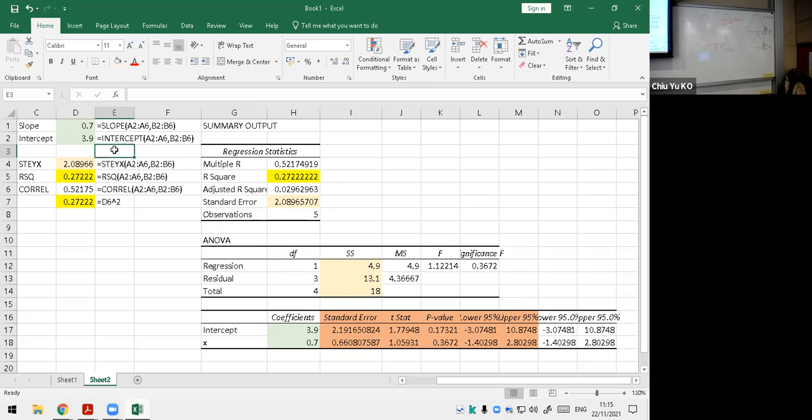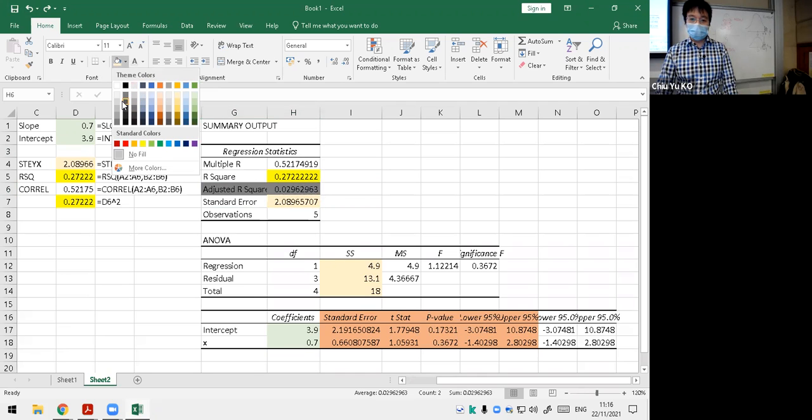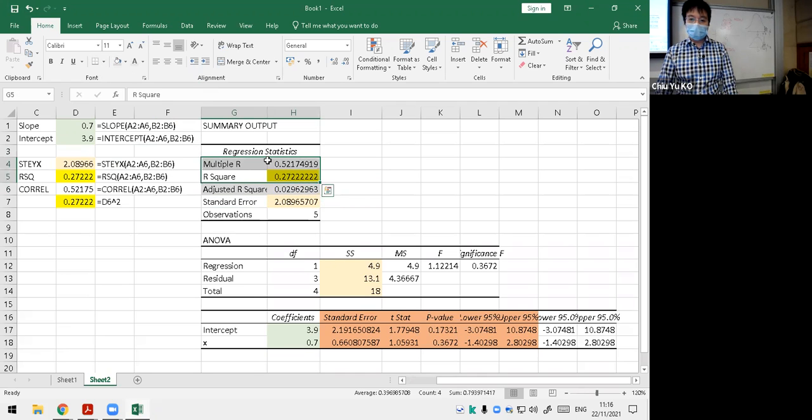So this over this gives you this, and this over this gives you this one. And use the F test to give you this one. So you should be able to do everything if you understand, except there's just R square and multiple R. Only these two things we will not cover, okay? But other than these two, you know everything from the Excel output.